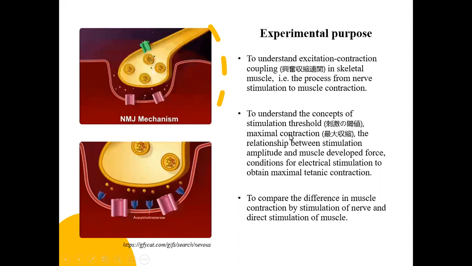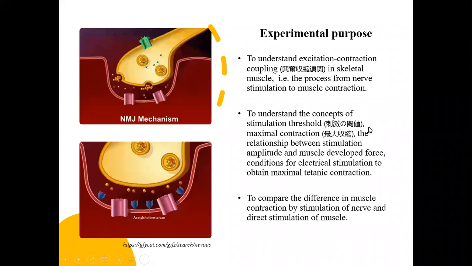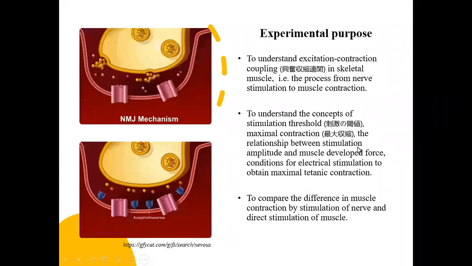Using these experiments, we will understand the concepts of stimulation threshold, maximal contraction, the relationship between stimulation amplitude and muscle developed force, and also understand conditions for electrical stimulation to obtain maximal tetanic contraction.